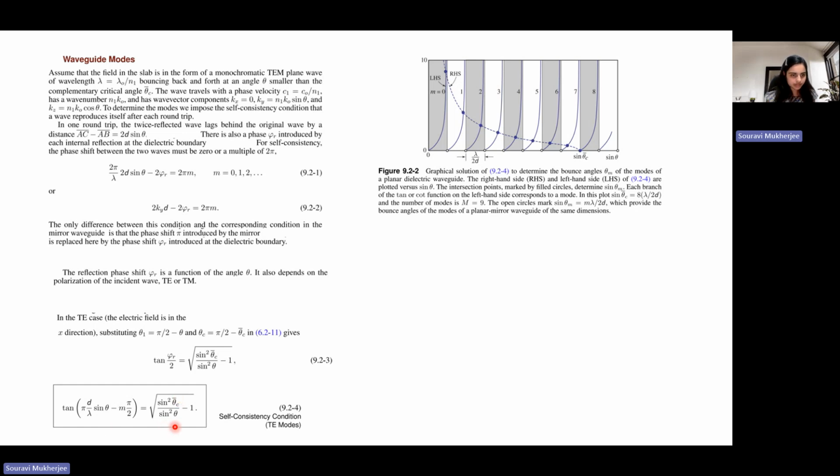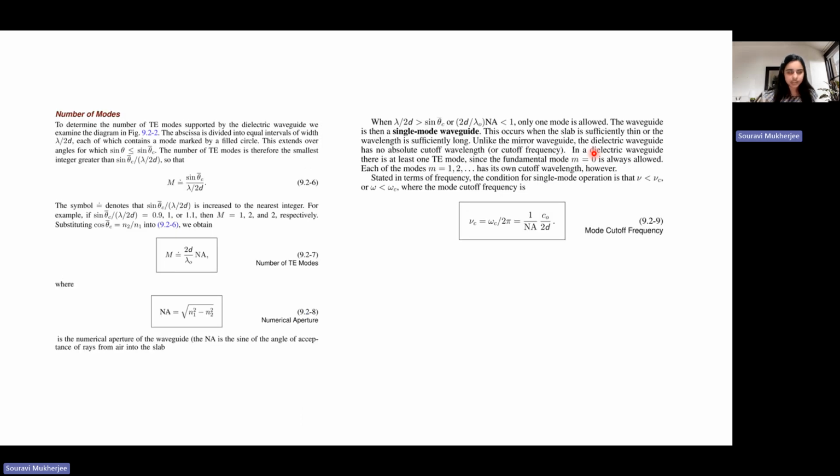It's a transcendental equation, so you plot the left and right hand sides and see where they intersect. Those are the different modes supported by the waveguide, and it's the ratio of these two that tells us the number of modes that can be supported by the waveguide.